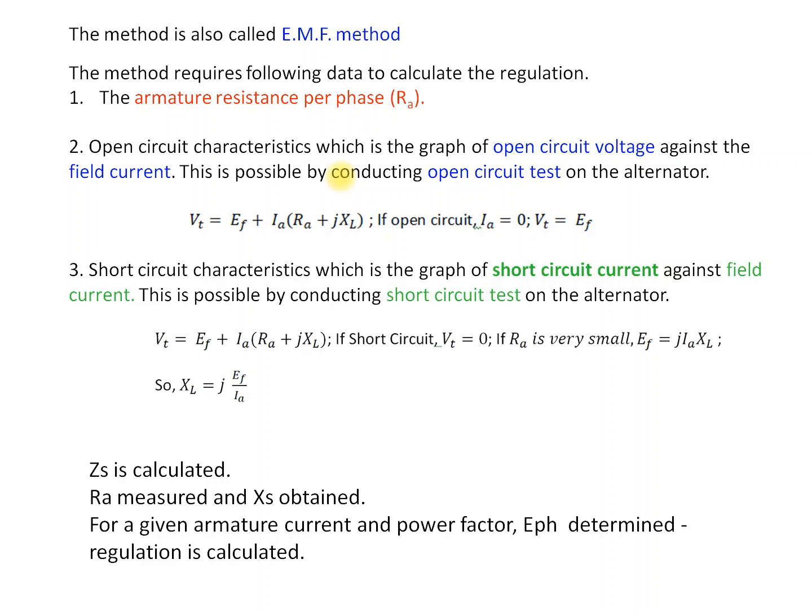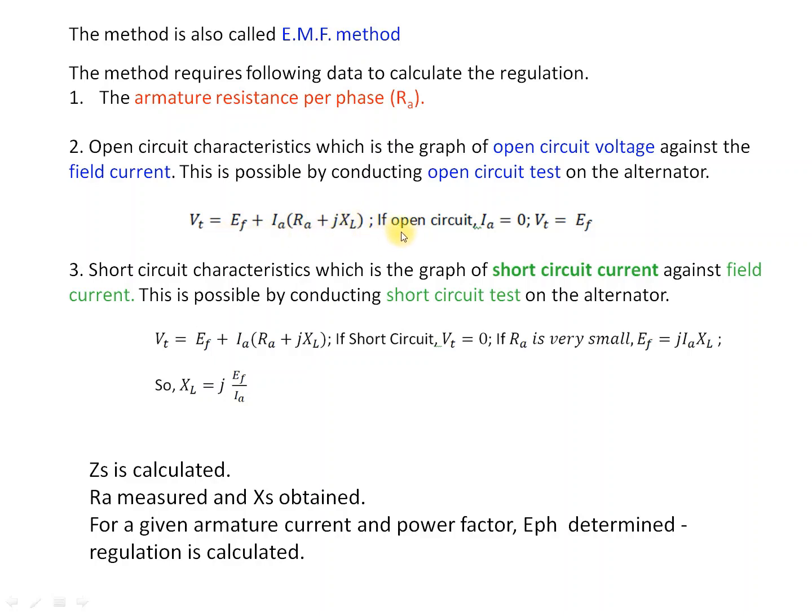So what will happen when you do this open circuit characteristics test? We know the output voltage equation of a generator: the terminal voltage VT is equal to EF, that is the generated voltage, plus Ia Ra plus j Ia XL. Here Ra is the armature resistance and XL is the armature leakage reactance.